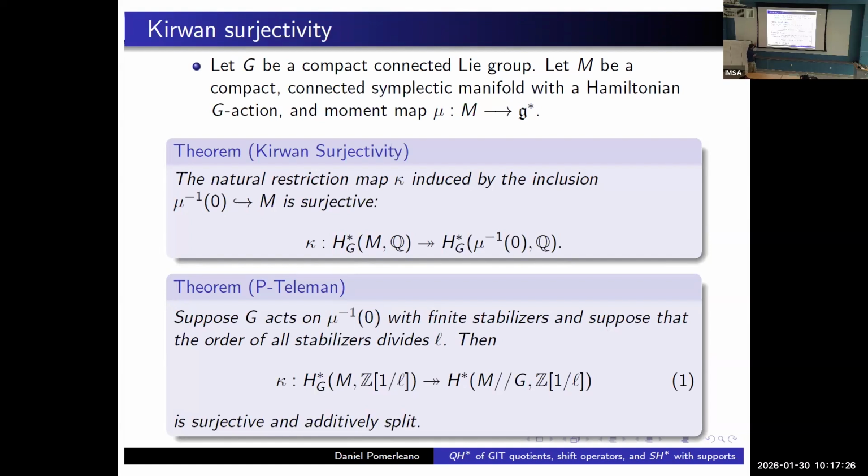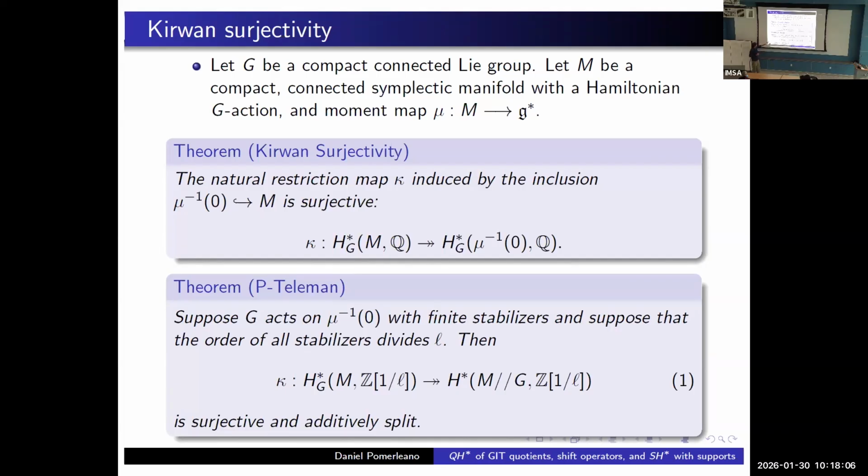My setup, I always have a compact connected Lie group, and you have a compact, or you can relax that a little bit, symplectic manifold with a Hamiltonian G action, some moment map, and the classical theorem is that the restriction from the equivariant cohomology of your ambient space with Q coefficients to the equivariant cohomology of the moment level set with Q coefficients is surjective.